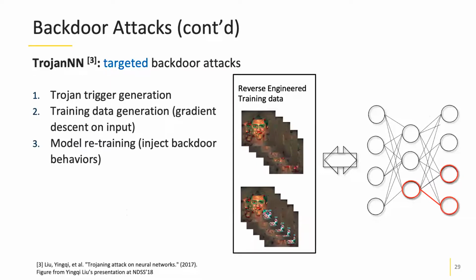Now I'll give some examples about the design of backdoor attacks. The first example is called Trojan NN. This is a targeted backdoor attack that can be achieved by 3 general steps. The first step, as I described earlier, is trigger generation.